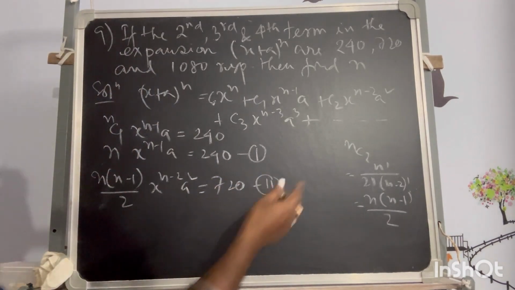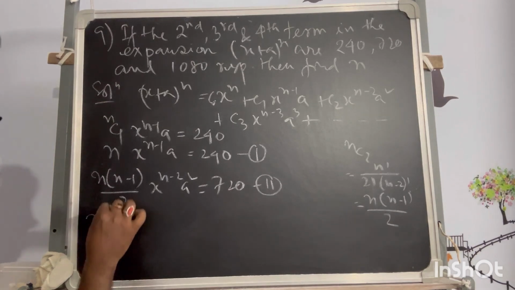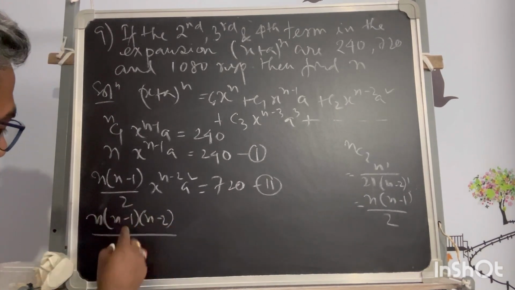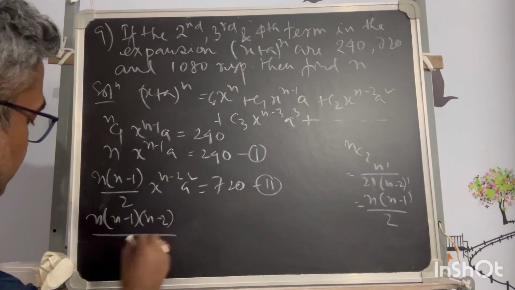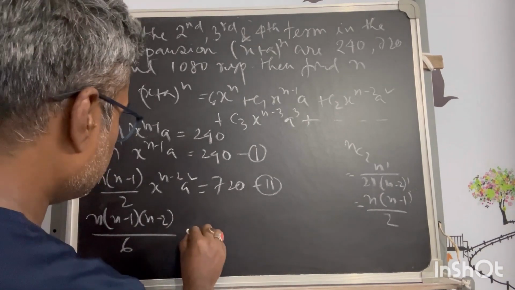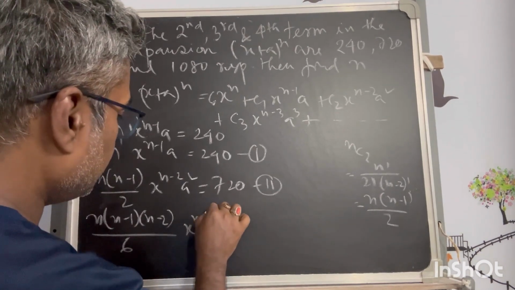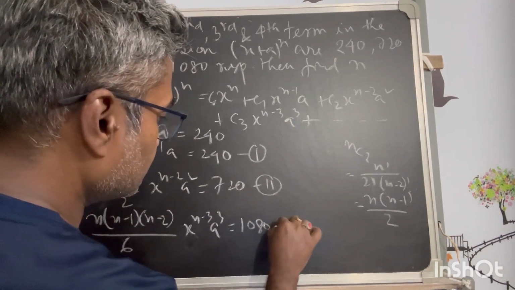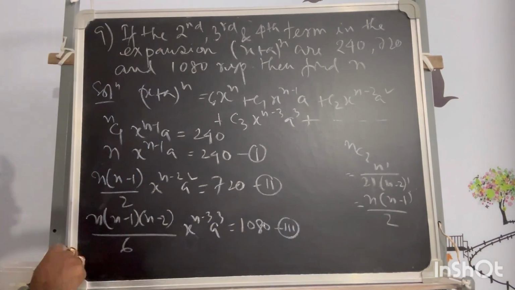And the third one, similarly, will be nC3, that will become n into n minus 1 into n minus 2 by factorial 3, which means 6. So this is equal to x to the power n minus 3 a cube, that will give you 1080. This is my third equation.